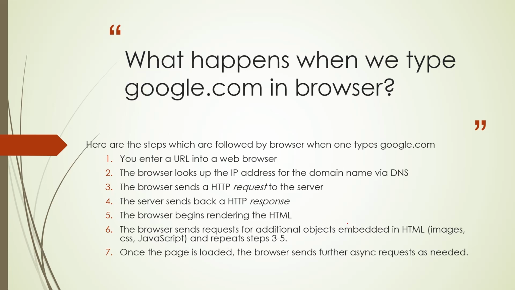Firstly it will check its local cache, also known as the local DNS. It will check whether the IP of this domain is present in its cache. If the IP is present in the cache, it will directly take the IP from there and directly reach the server.